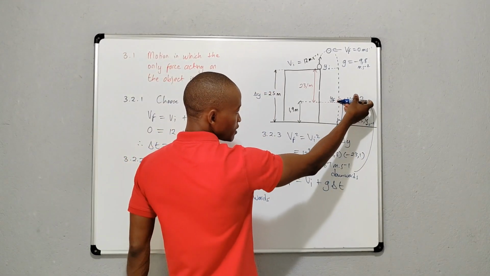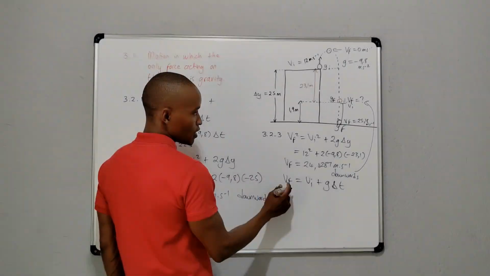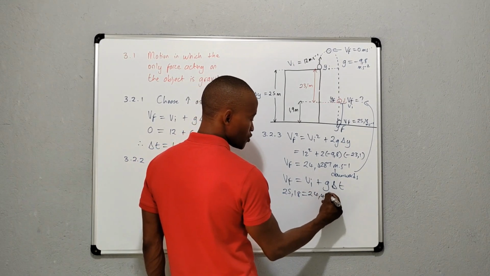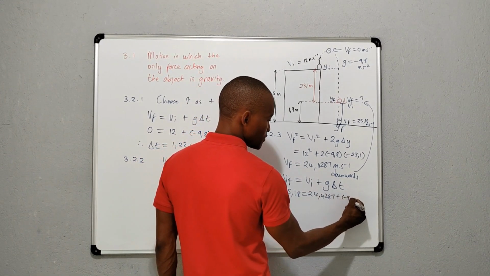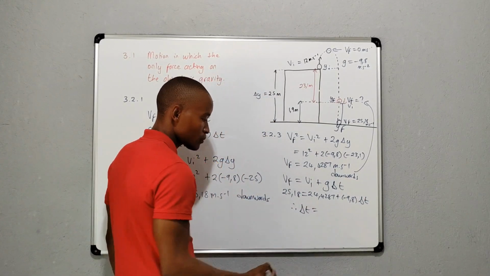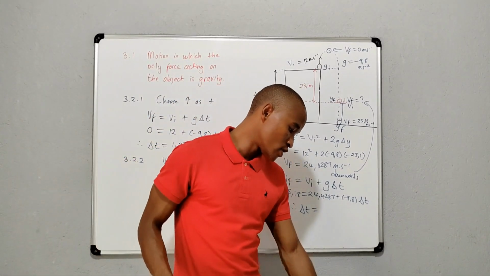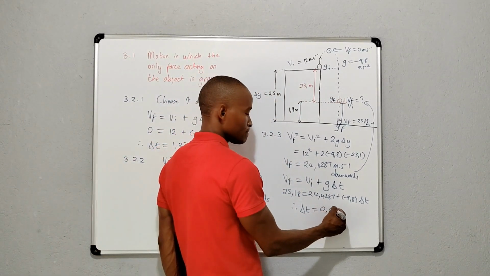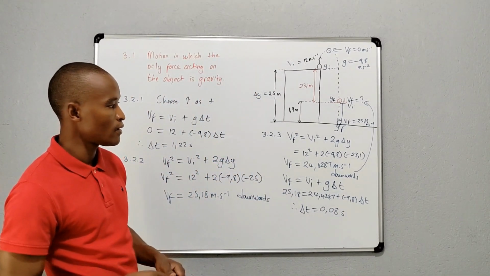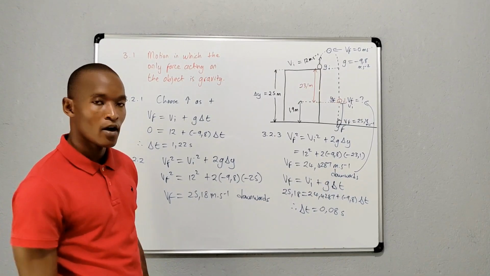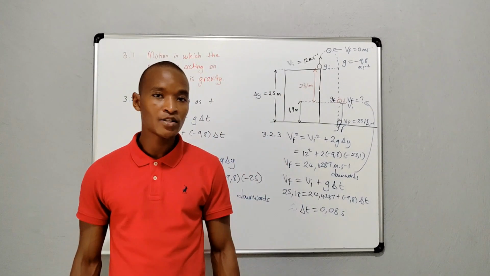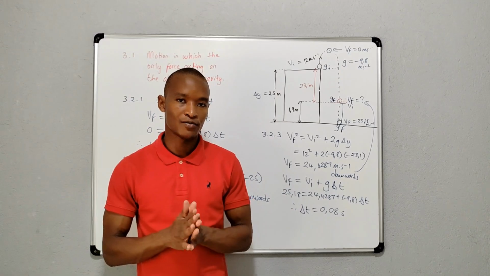How long did this motion take? Vf is 25.18 and Vi is 24.4287 plus negative 9.8 change in t, and the time that you will get there is 0.08 seconds. So this takes care of question 3.2.3.